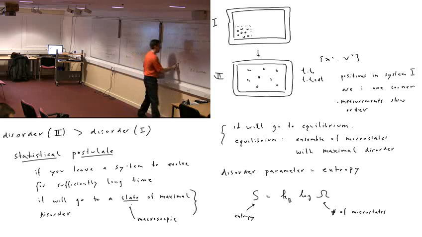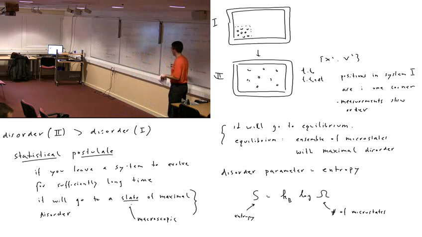This constant Kb here is totally arbitrary. You could have put in anything else here. It's not really relevant. It just makes these numbers somewhat more manageable, because typically this number of microstates is very large, and if you then multiply with this very small number Kb, you will still get something manageable, but we could have put anything there.